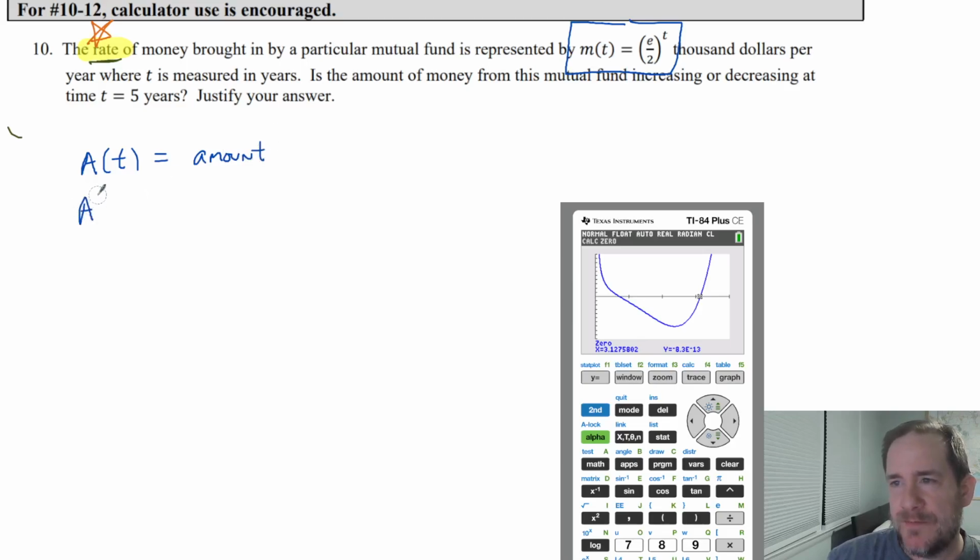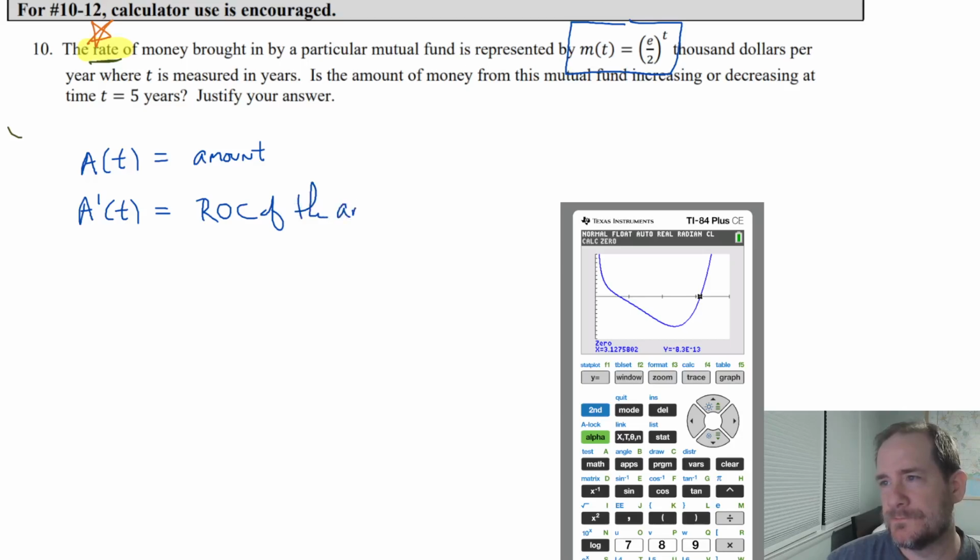But A prime of t would be the rate of change of the amount of money. And that's exactly what m of t is. So even though m of t is not marked with little prime notation, that guy is the derivative.